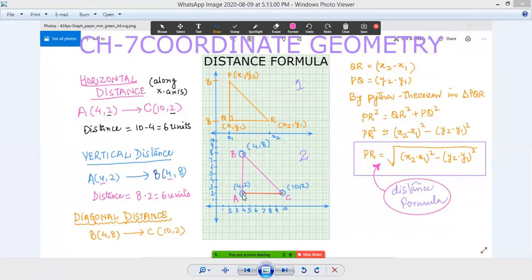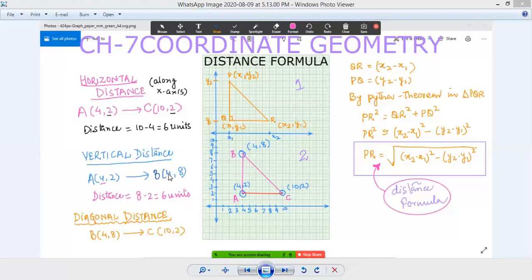Similarly, if you are moving from vertex A to vertex B, that means you are moving vertically upward. So when you are moving vertically, children, in that case, you will first of all write down the coordinates of A, write down the coordinates of B, visualize them very carefully. This is 4 and 2 for A and 4 and 8 for B. So in this case, you have seen that abscissa is not changing at all.